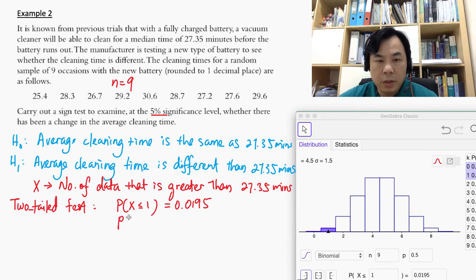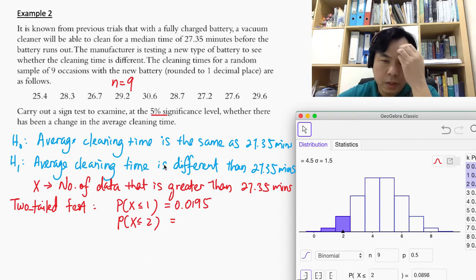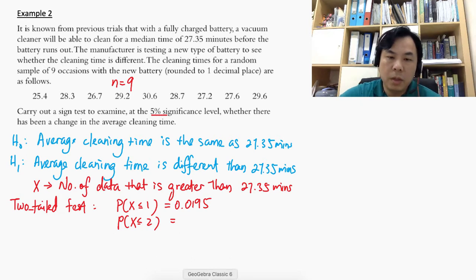Then I can try P(X less than or equal to 2). Oops, sorry, I accidentally closed my calculator. Hold on for a while.